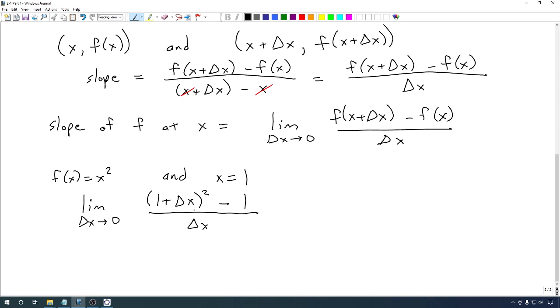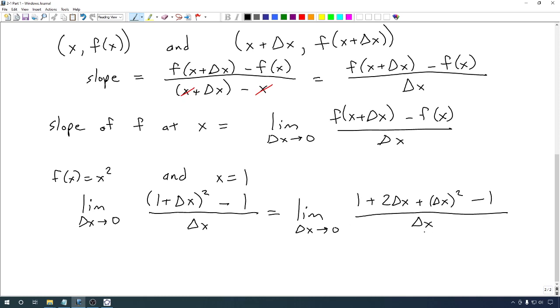That is the square of a binomial. We can go ahead and FOIL that. That expands to 1 plus 2 delta x plus delta x squared. We saw the minus 1, and we saw the delta x on the bottom.